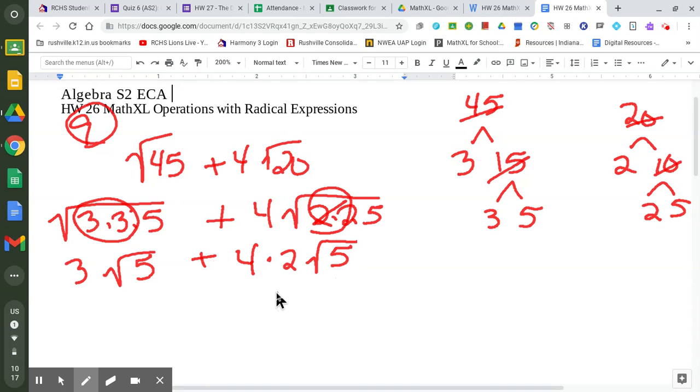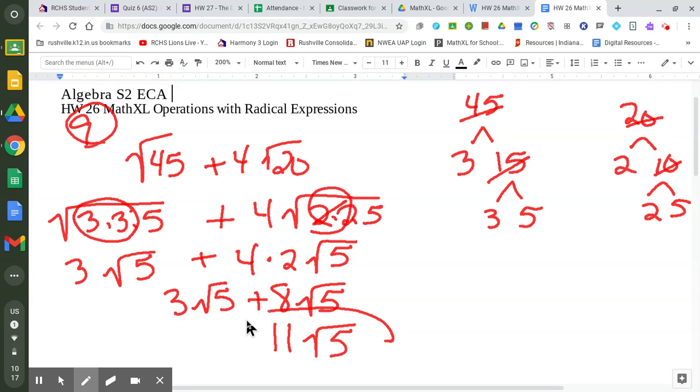So this is 4 times 2 is 8 square root of 5. And then I had my 3 square root of 5 plus. So now I just add together the 3 and the 8. 11 square root of 5 is my answer.